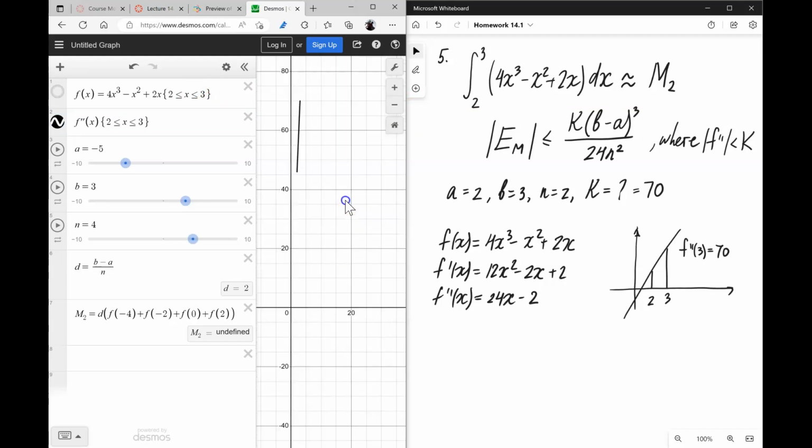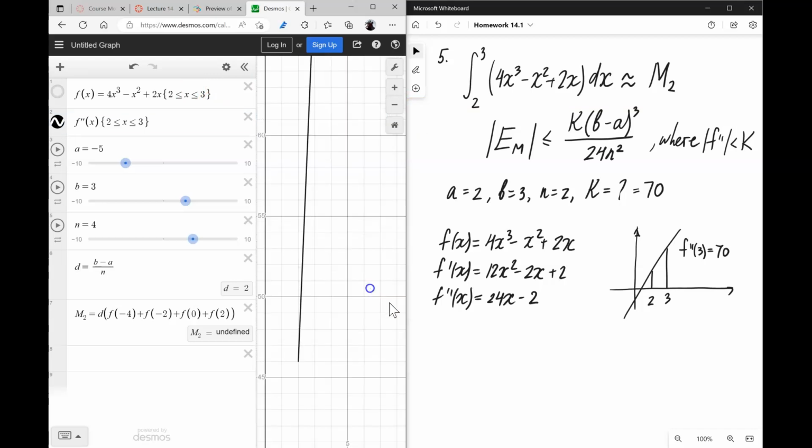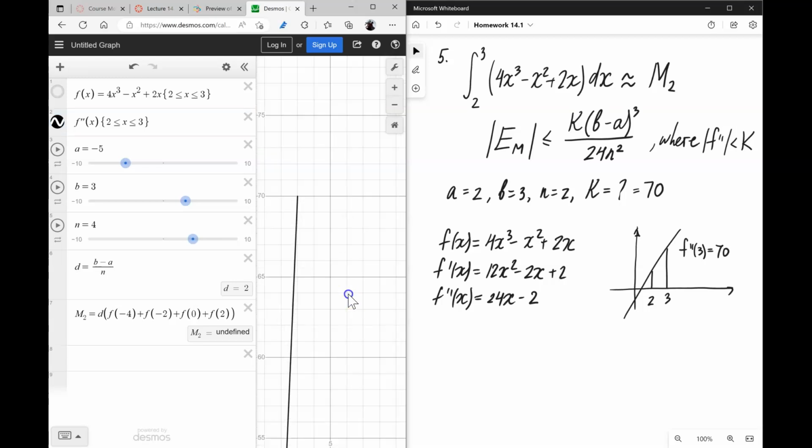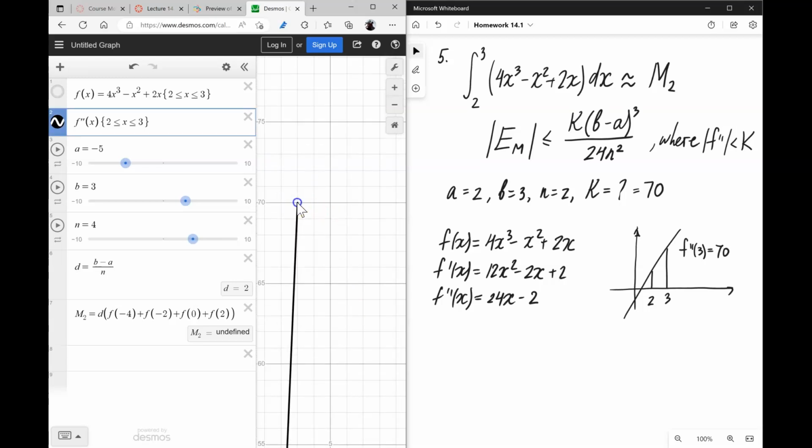And now what we see in here is the graph of the second derivative. The question is, where is its maximum value? You can see here that the maximum value is at 70. So that could be one way to find k, the upper bound of the second derivative.